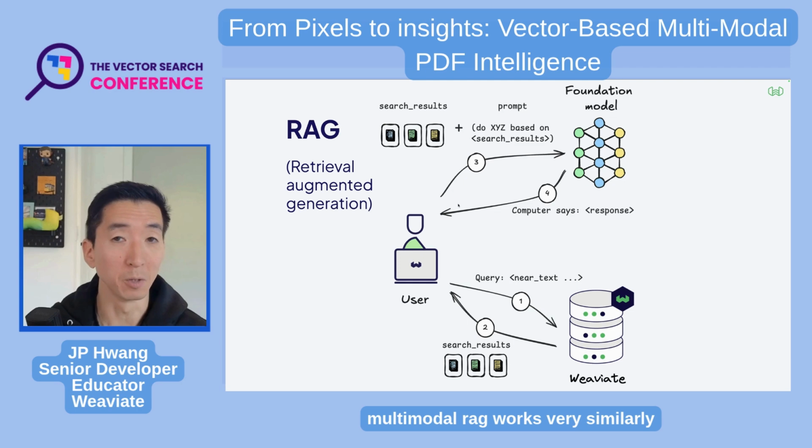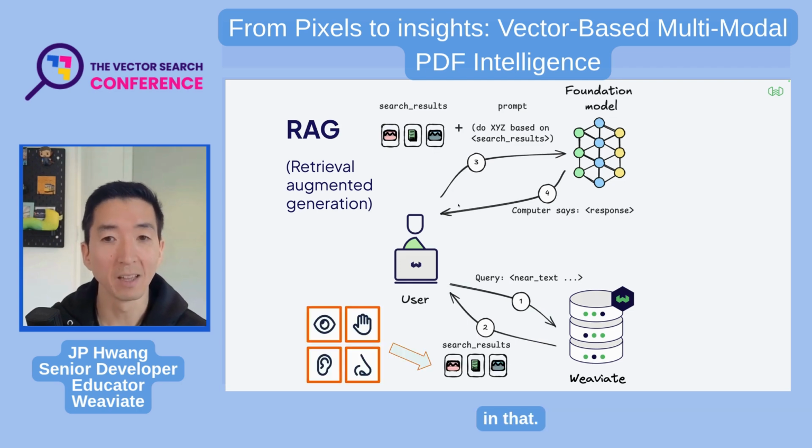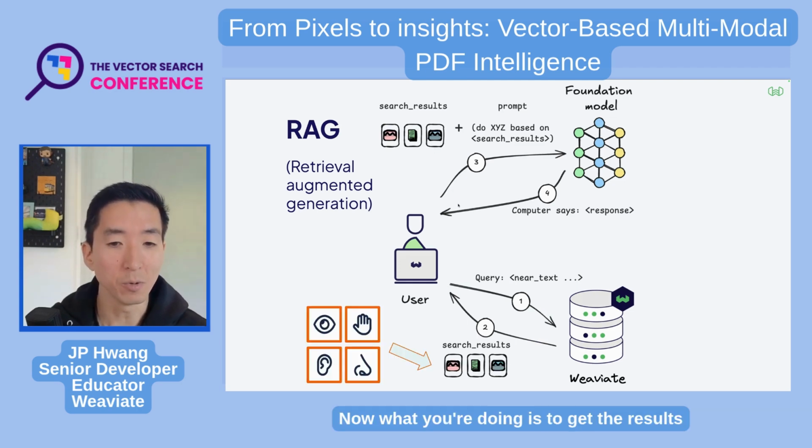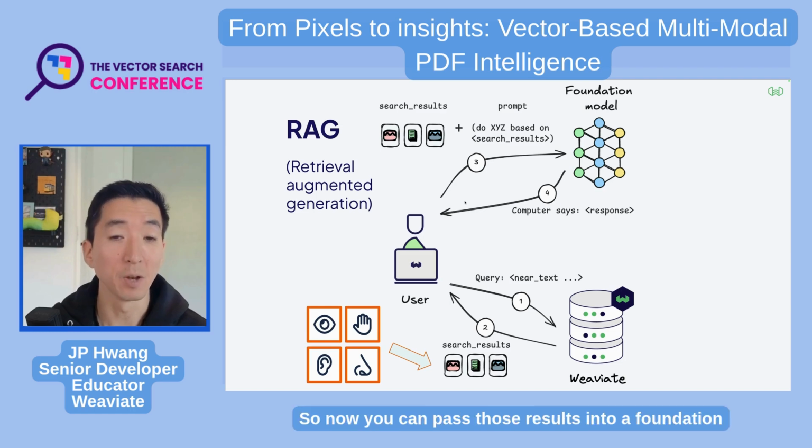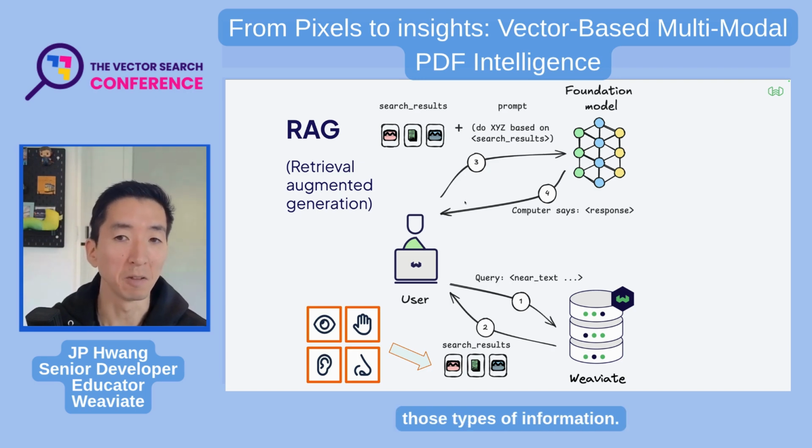Multimodal RAG works very similarly, in that now the results you get back are not just bits of text, but also objects of different modalities. So now you can pass those results into a foundation model that can understand those types of information.